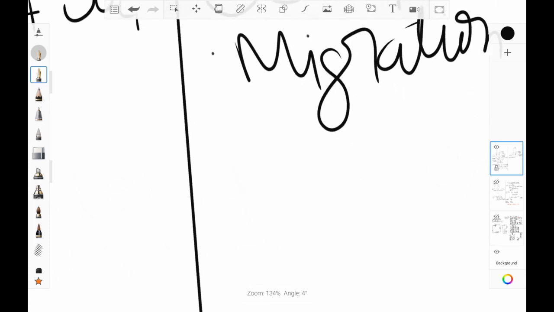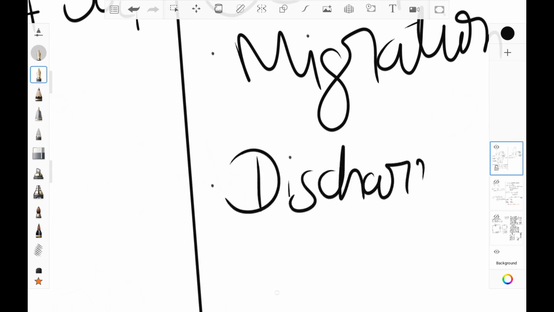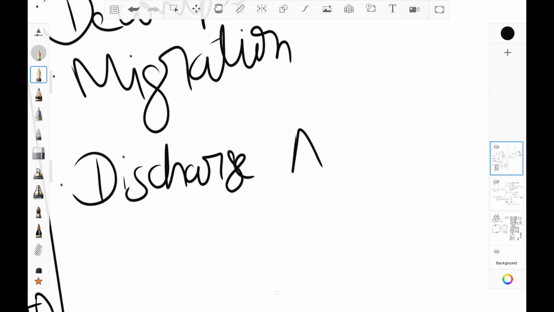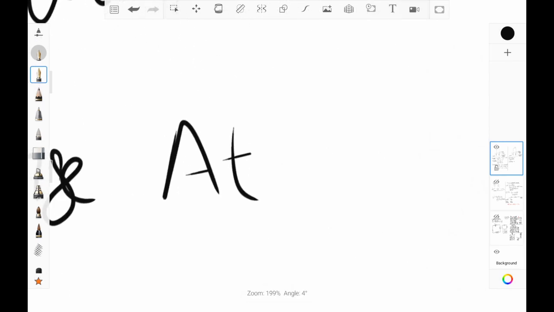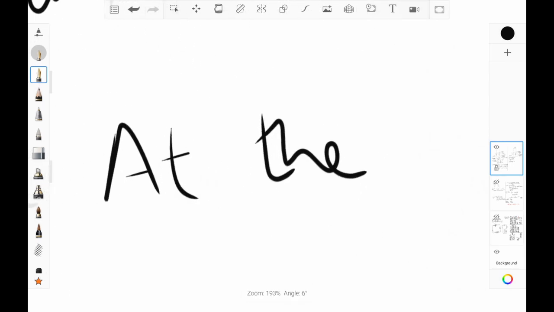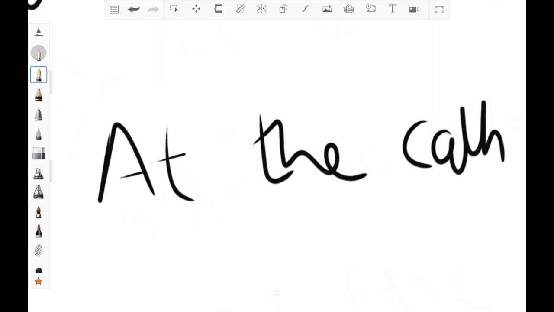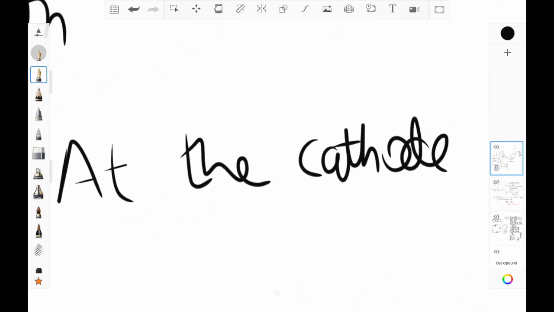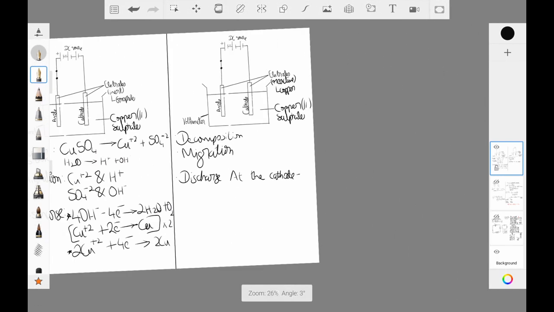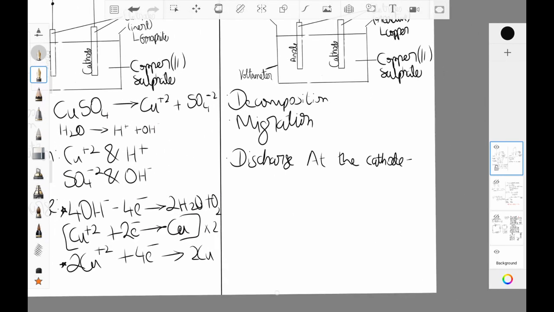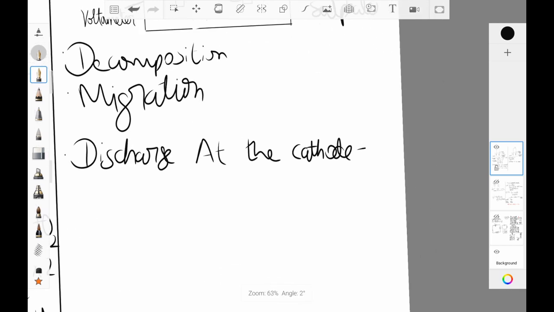These two will be the same. The discharge in this case, we'll start with the cathode. So just hold on. Usually I like to start with the anode. Here, let's start with the cathode. You'll see why in a second. So at the cathode, again, the copper ions will be the ones that discharge.